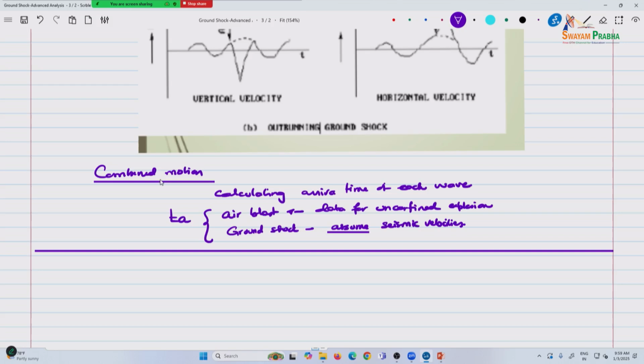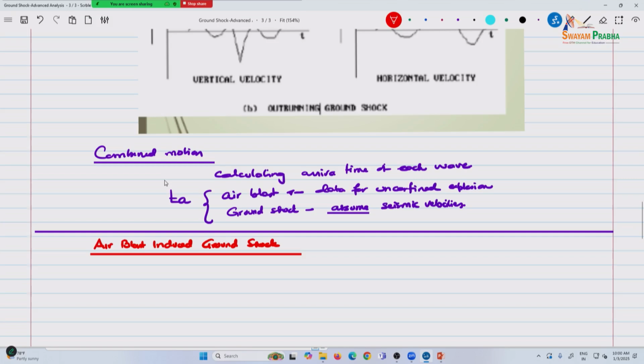So let me give you some expressions that you can use for some calculations, and we'll take up an example. So for air induced ground shock, we use the one-dimensional wave theory.